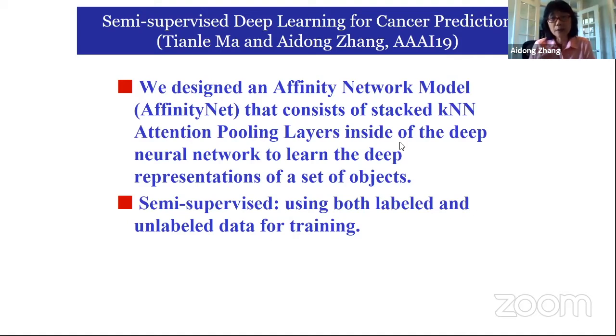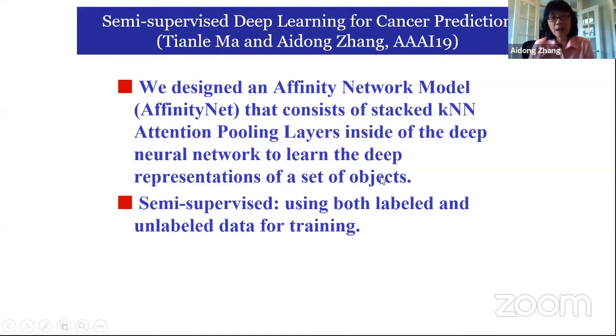We designed multiple layers in deep learning with KNN models, so we can quickly converge to a better neural network for prediction. If you are interested in that, please look at this paper.